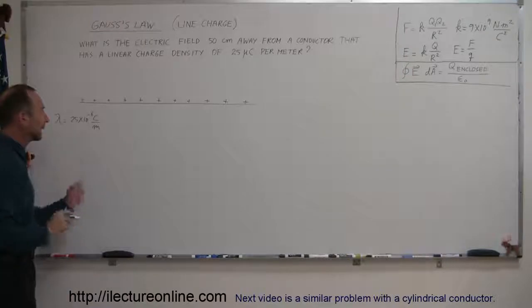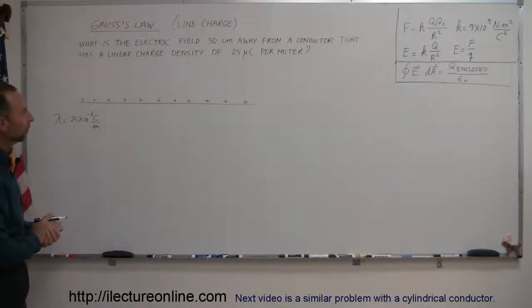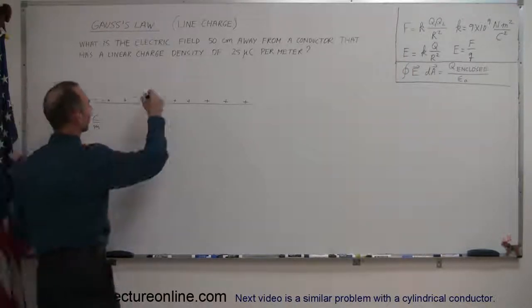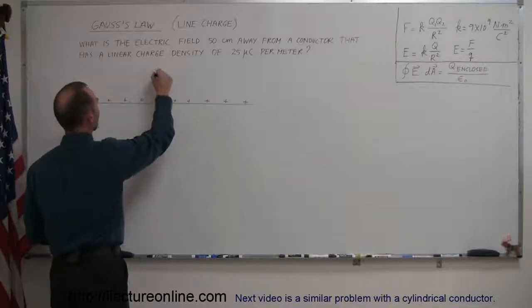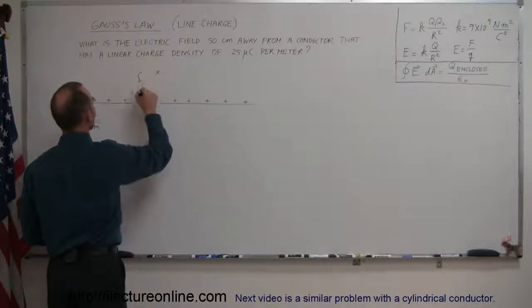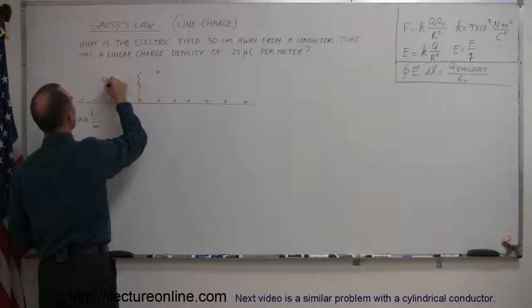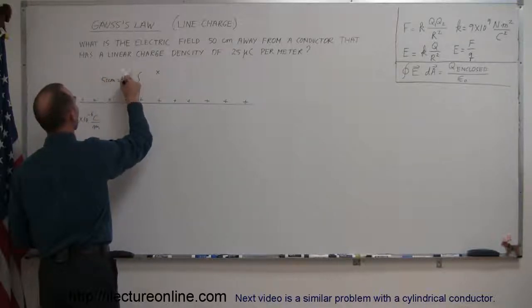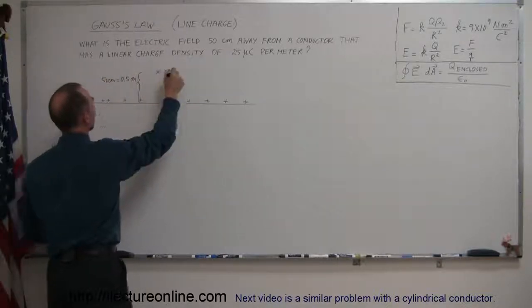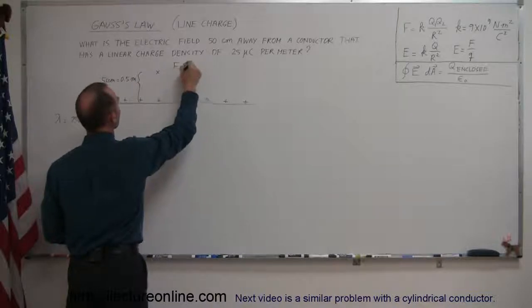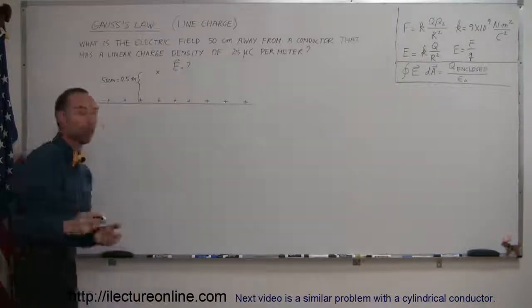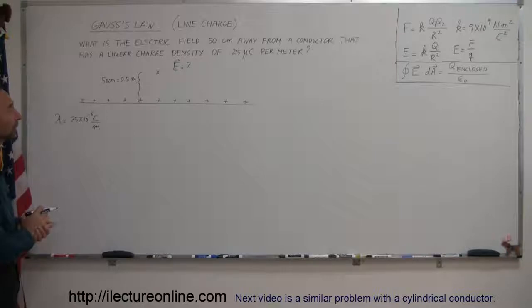And that's a symbol to indicate charge density per unit length. And at some distance, let's say right here, which is 50 centimeters away, 50 centimeters is the same as 0.5 meters, what is the electric field at this location? Of course, we'd like to know the magnitude and the direction of that field.